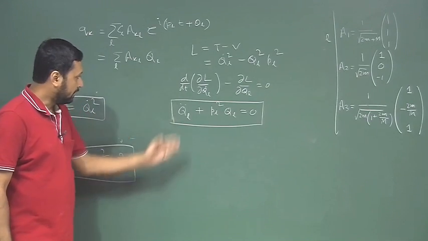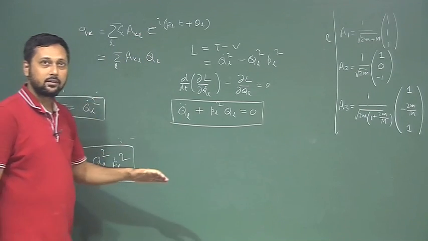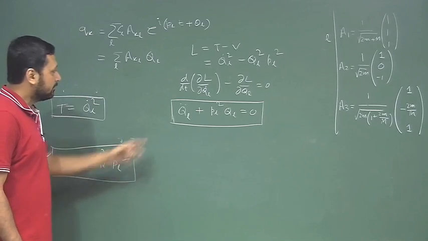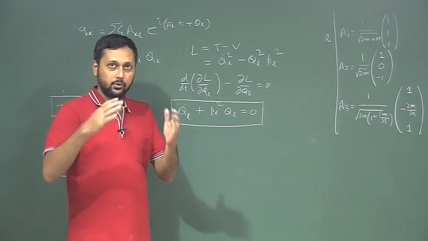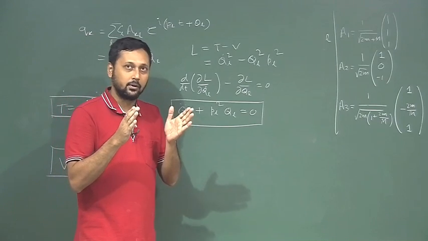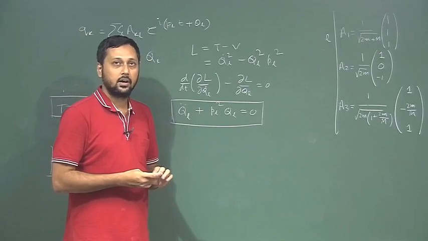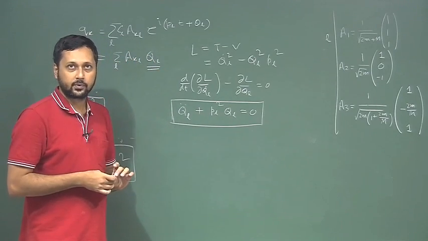So, using this particular coordinate capital Q_L, we have diagonalized not only the kinetic and potential energies, but also we could write independent differential equations for different frequencies, and these are the theoretical definition of normal modes, right.